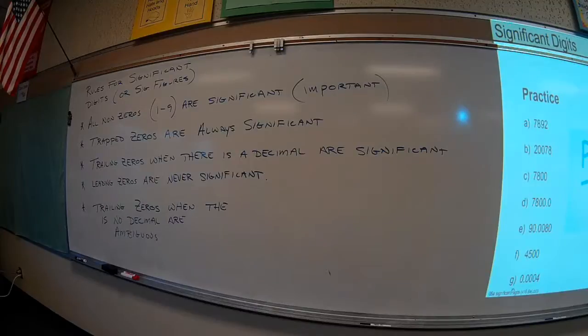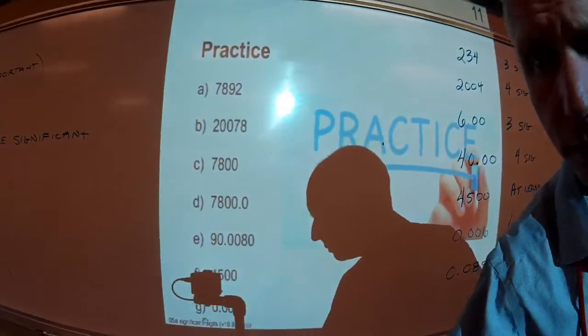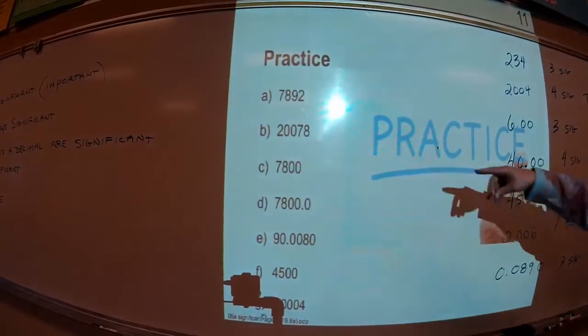Good. What's going on over there? You have a marker? Okay. Can you borrow one? And then what do you have? So I've got this as 4 sig figs. Good. Next one, B.